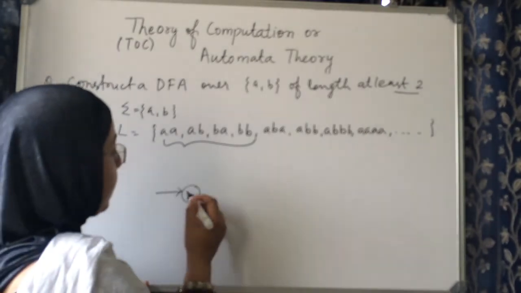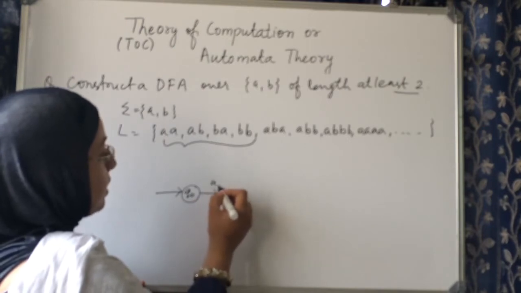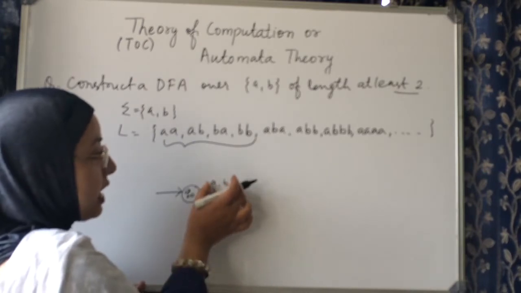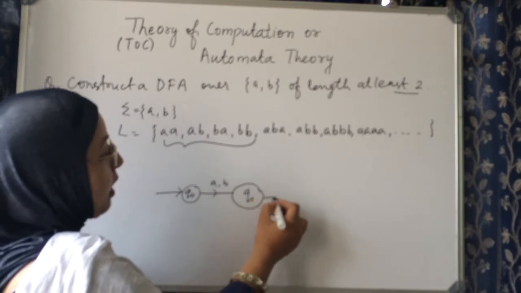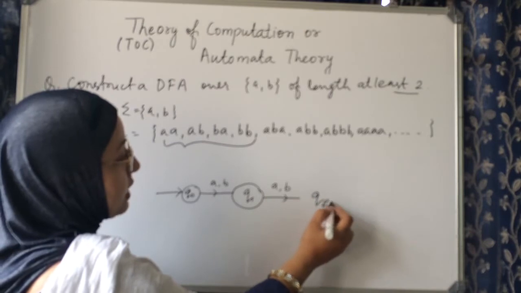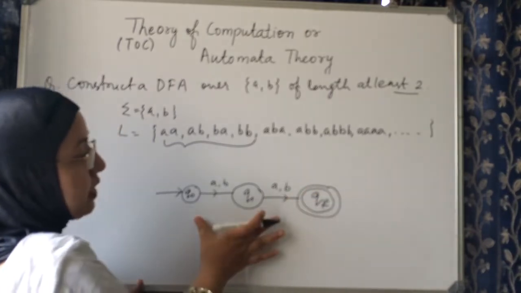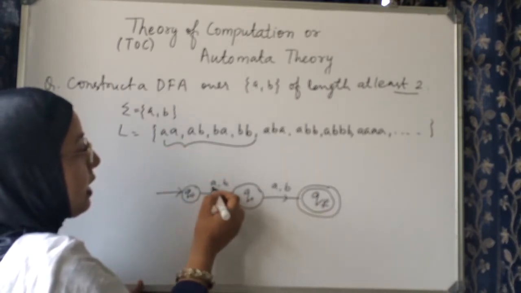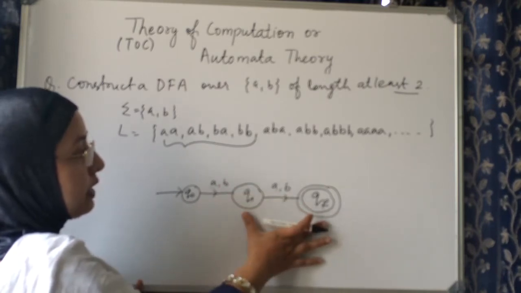So what changes we have to make now is that after seeing A or B as the first symbol, it will go to another state Q1, and from Q1 on A comma B it will go to the final state. Till now this shows that if it sees AB, AA, BA or BB, it will go to the final state.